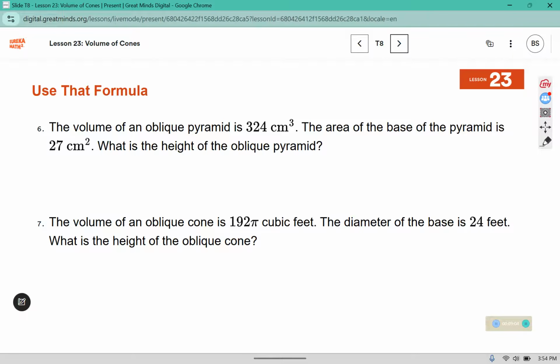The volume of an oblique pyramid is 324 centimeters cubed. The area of the base of the pyramid is 27. What is the height of the oblique pyramid? Well, we have volume equals 1/3 the base area times the height. The volume is 324, and the base area is 27.